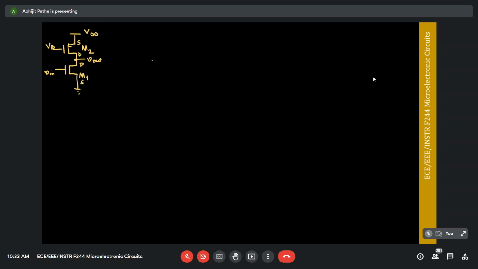Let's first replace the NMOS with its small signal model: vgs1, gm1 vgs1, ro1. This is connected to the source here. This is the gate, and the gate is connected to Vin. Now the drain of this transistor is connected to the drain of M2.